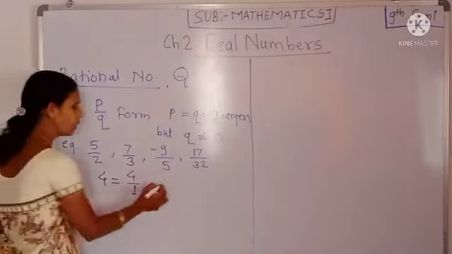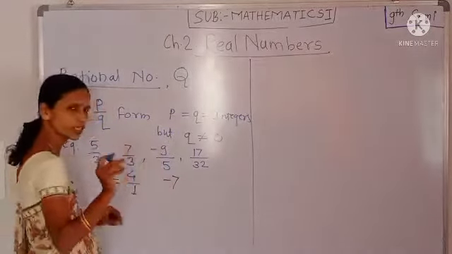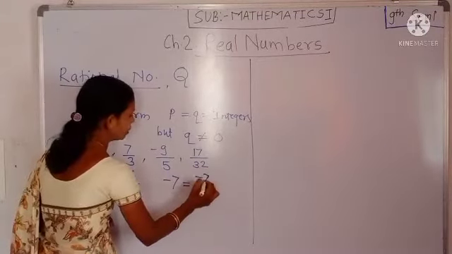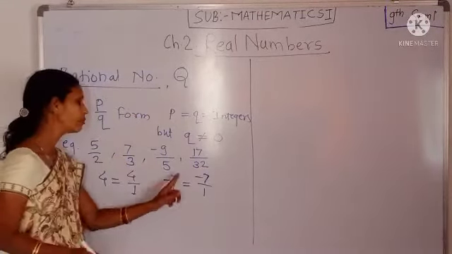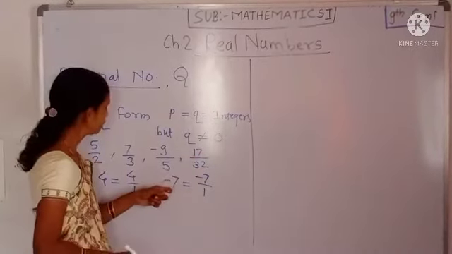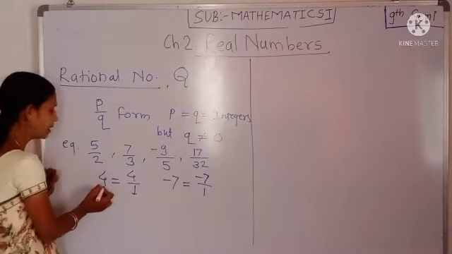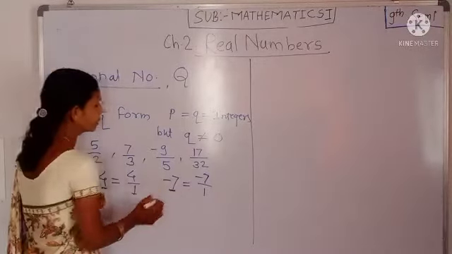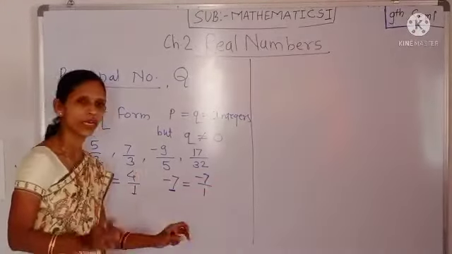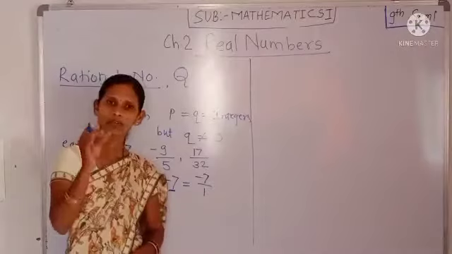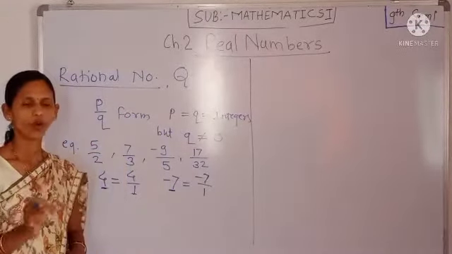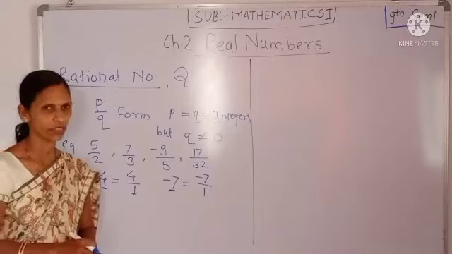As well as minus 7 is also a rational number because minus 7 upon 1 means minus 7. Therefore, all positive and negative integers can be written in the form of P upon Q. Therefore, all integers are rational numbers, all natural numbers are rational numbers, and all whole numbers are rational numbers.